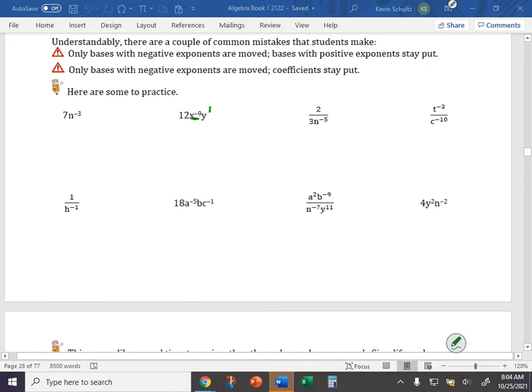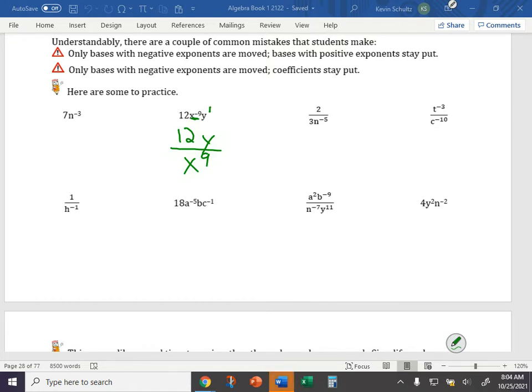It's a positive 1, right? So do we need to move that? No. The only thing that we're moving is that x to the negative 9th. And because it starts in our numerator, it's going to move to the denominator. The 9 will become positive. That base of x stays the same, but it follows it. And what's left in our numerator is simply 12y.